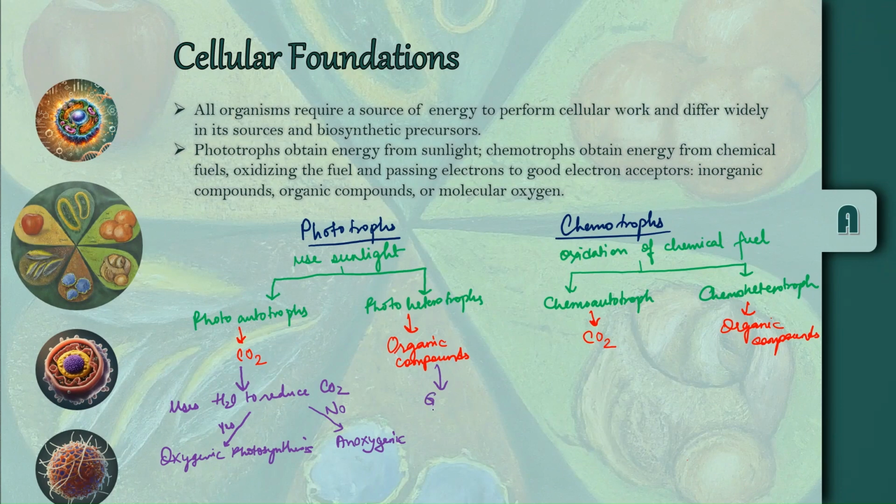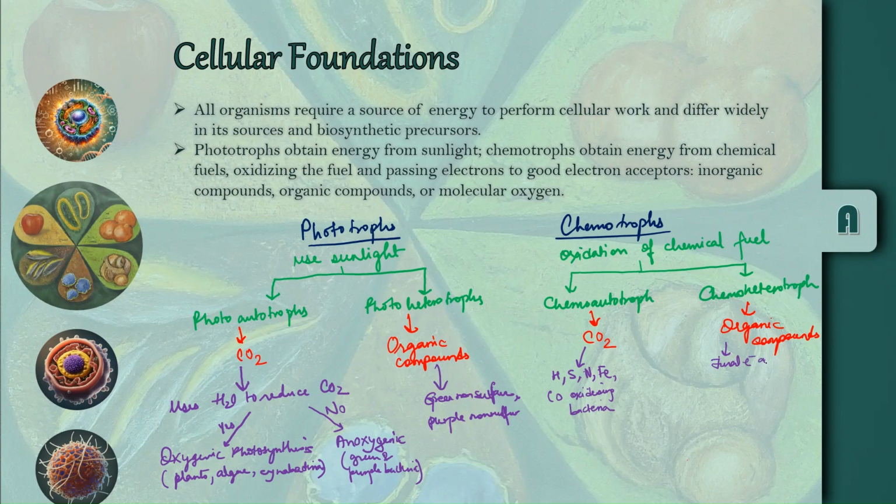Some examples of photoheterotrophs are green non-sulfur bacteria, purple non-sulfur bacteria. Some examples of chemoautotrophs are hydrogen, sulfur, iron, nitrogen, and carbon monoxide oxidizing bacteria.